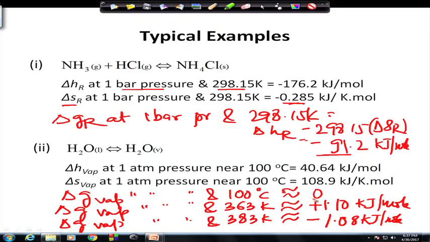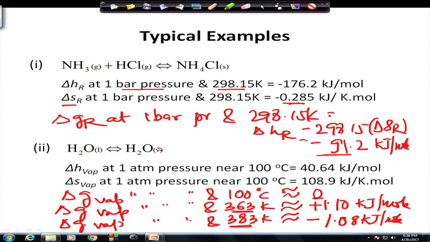Since delta G vaporization is almost 0 at that temperature, therefore, this process at 100 degree centigrade is reversible and it is feasible in both directions. And this also gives you the answer why condensation of steam to water is spontaneous at 363 degree Kelvin, because delta G vaporization is positive. So, naturally the reverse reaction is spontaneous, and at 383 degree Kelvin we find that the reaction is spontaneous in the forward direction.